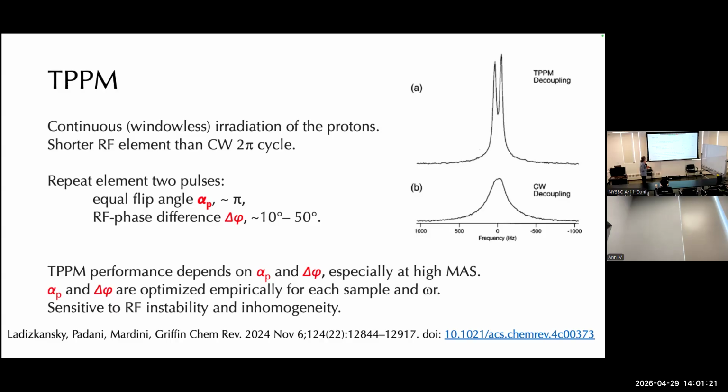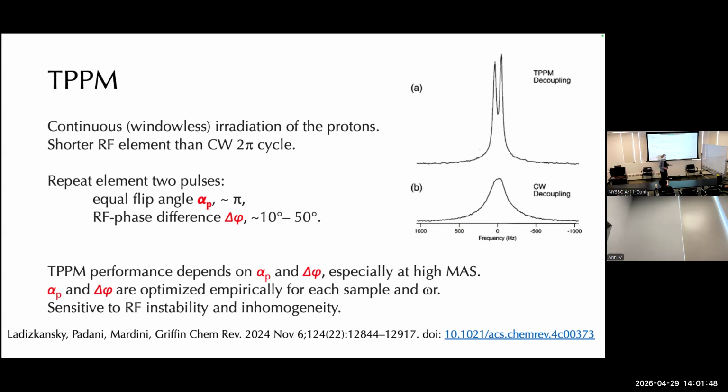The performance depends on alpha and delta phi, especially at high MAS, and they are optimized empirically. And that leads to a practical issue, which is that if you have RF instability, that means the room temperature is changing, so the amplification of your pulse amplifier is changing. The temperature is a very important feature for the instrument, especially for the pulse amplitude.